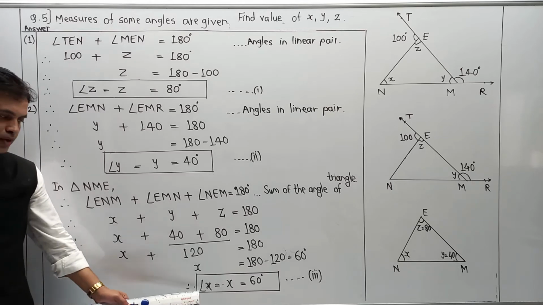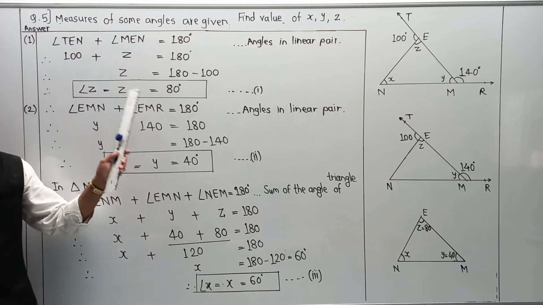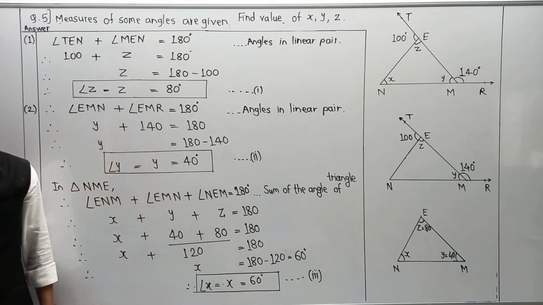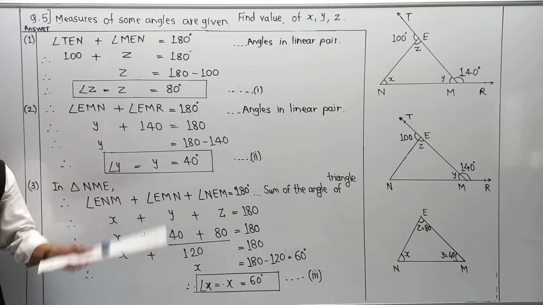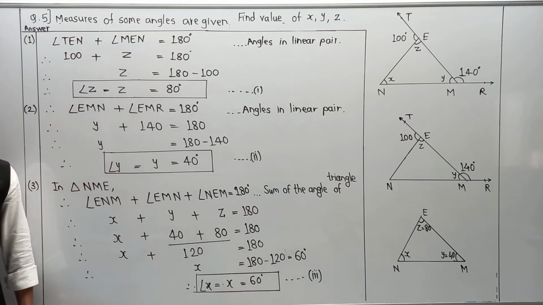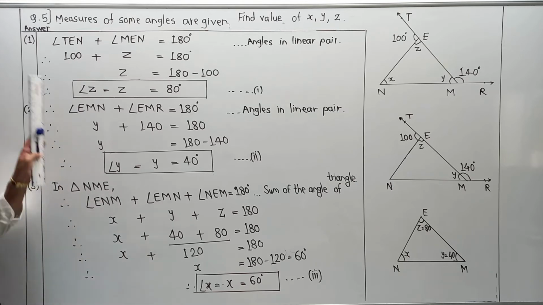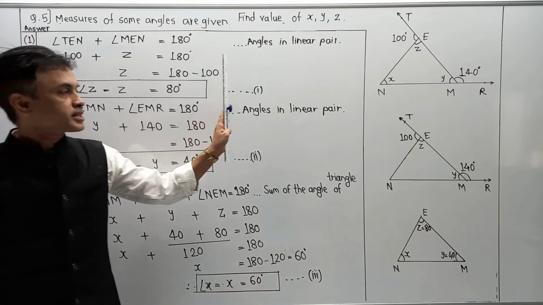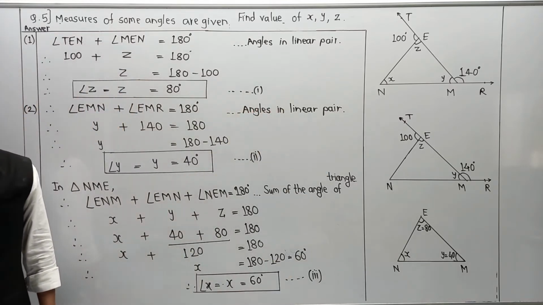In this way, value of X is 60 degree, value of Y is 40 degree, and angle Z is 80 degree, we can make a simple box and attract the answer. And student, please adopt the writing method very properly and complete the structure. At the same time, during writing, tentatively numbers, statement, and the last section is for reason. You can make this writing type so that it can attract the answer.